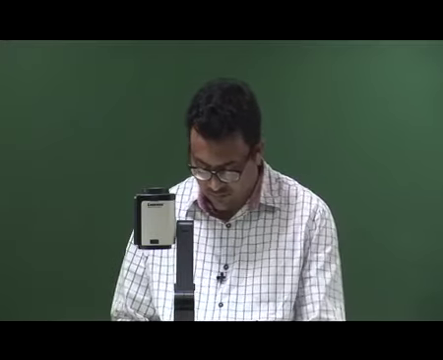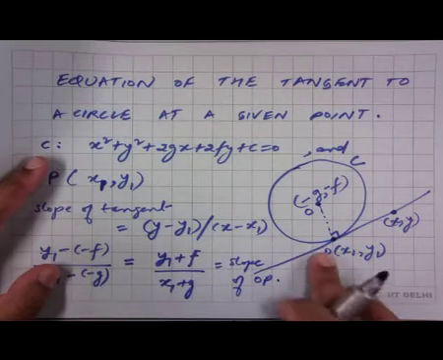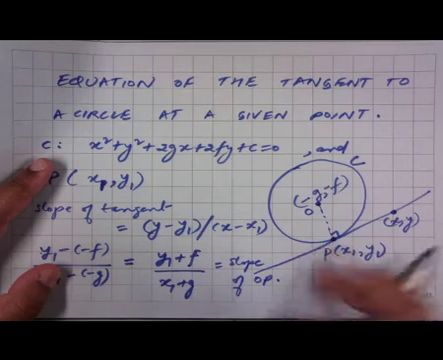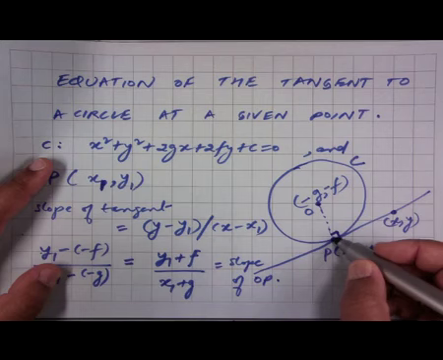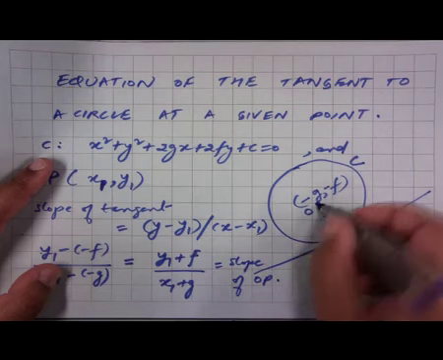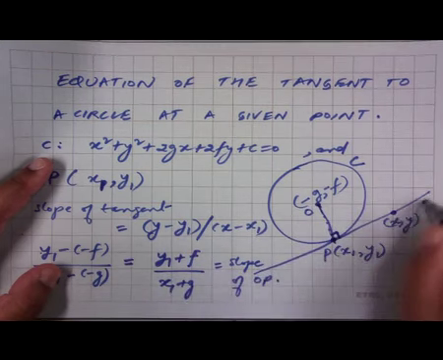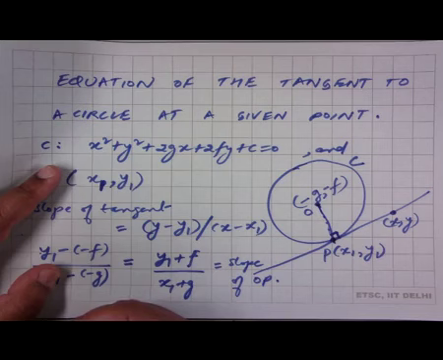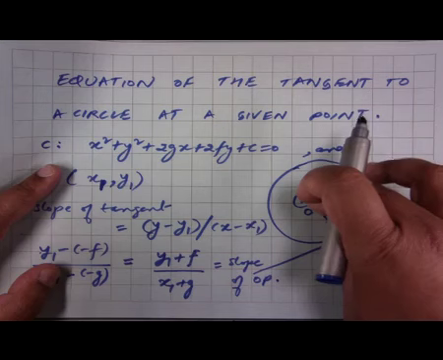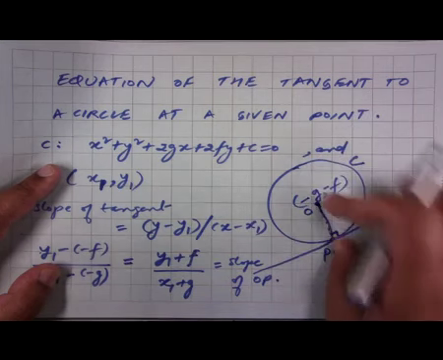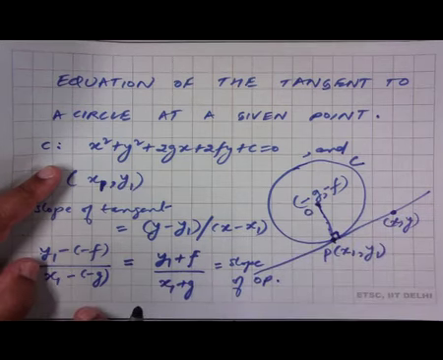Now, we know that the tangent at any point P on the circle makes 90 degrees with the line segment joining that point P to the center of the circle. So, essentially this line OP and the tangent are perpendicular to each other, and therefore, the product of the slopes of the line segment OP and the tangent should be minus 1.